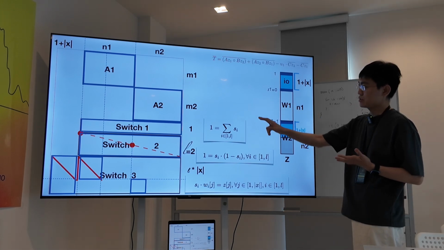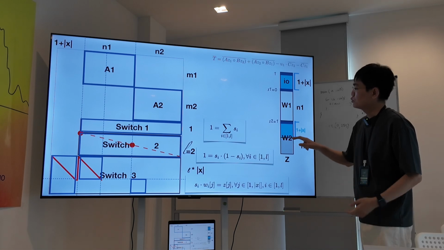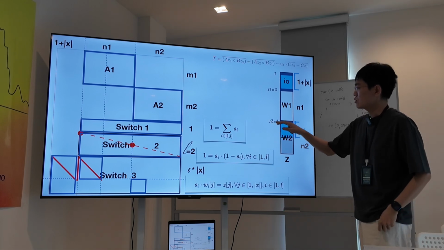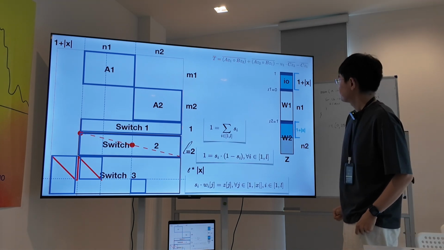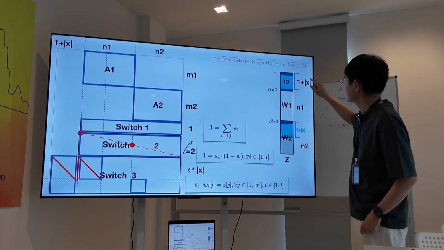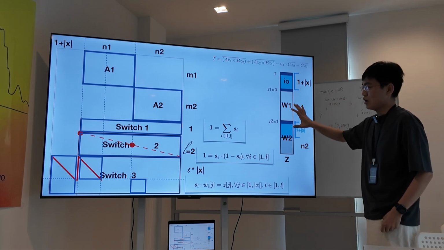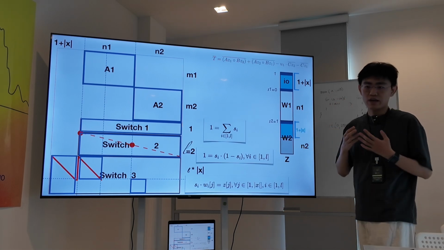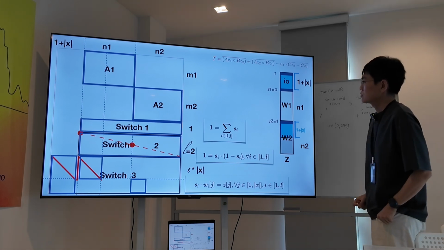So in this example, there are two opcodes, and opcode 2 is enabled, so its selector variable is set to 1. And X is the public input and output. Let's suppose that each opcode has the same length of input and output.